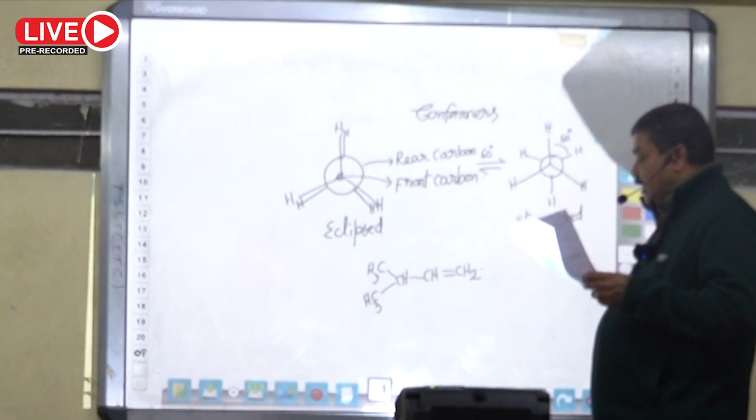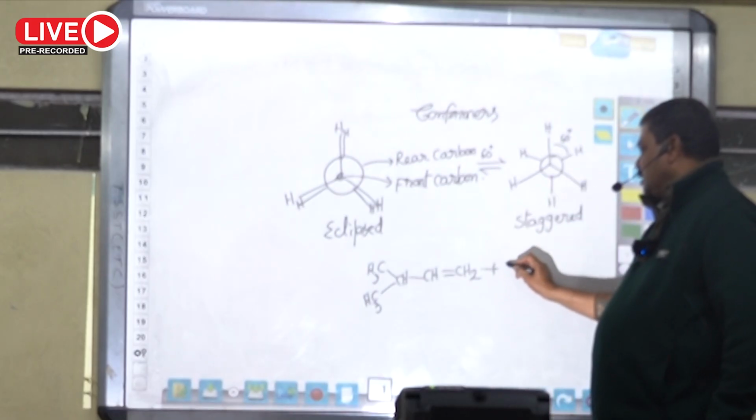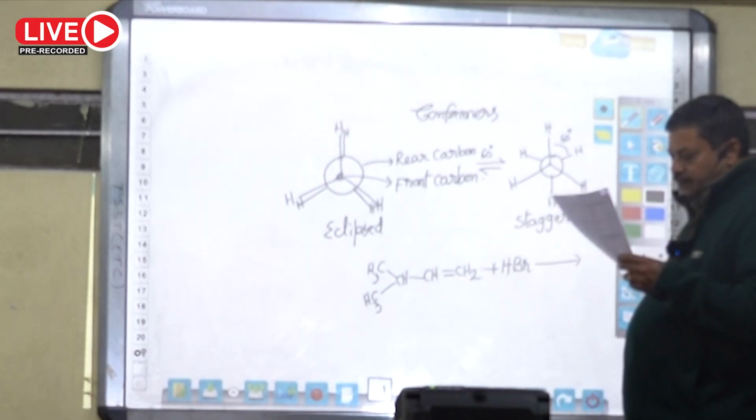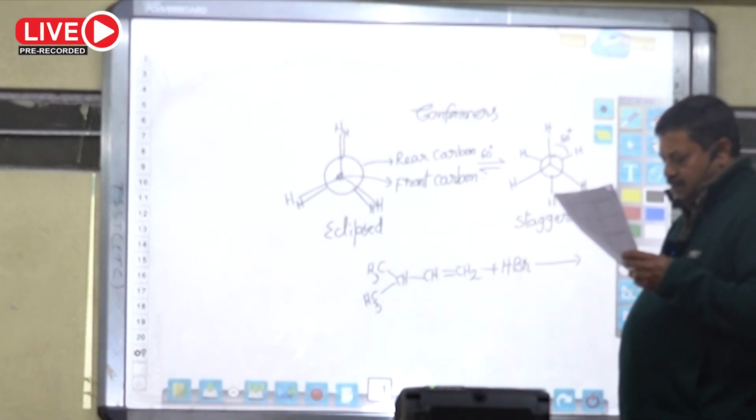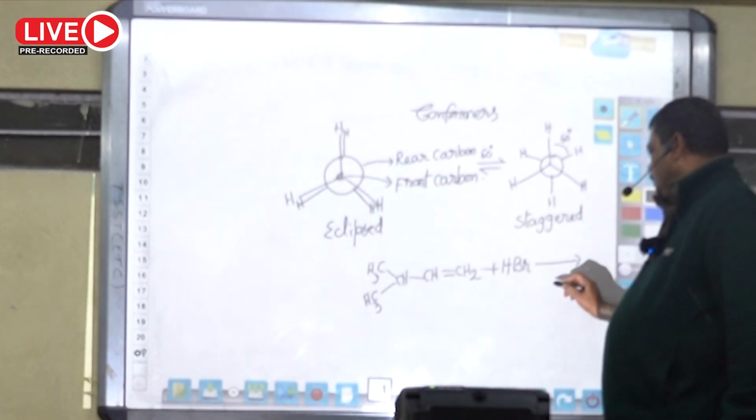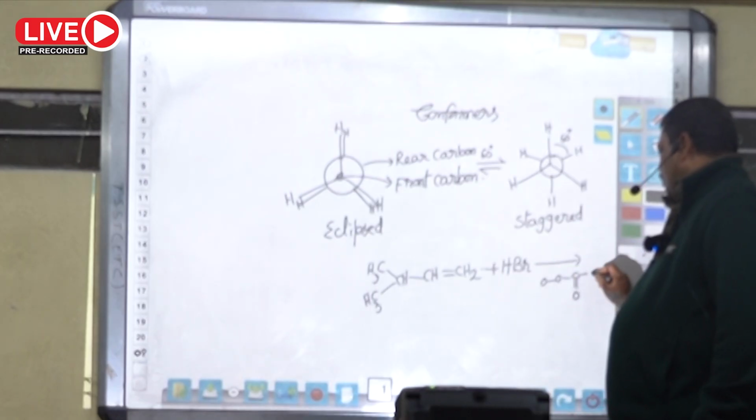For this, they added HBr in the presence of C6H5 CO twice O2. So this is benzoyl peroxide.